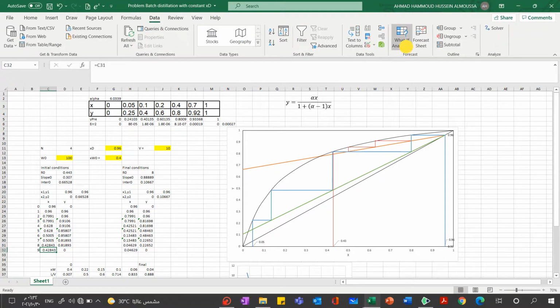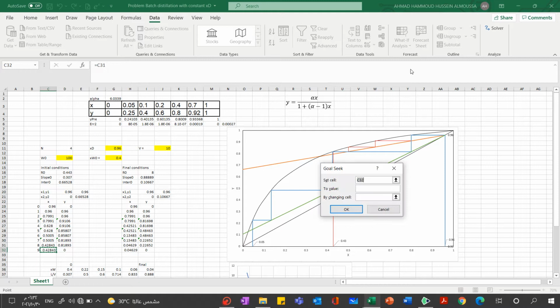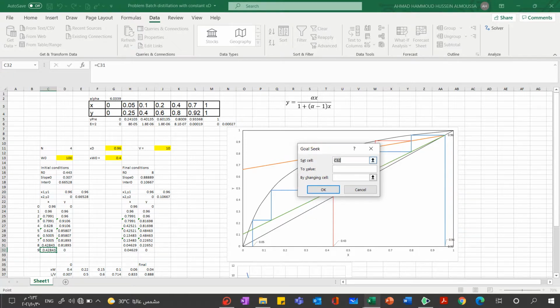It is easier than the solver, but it can't solve this because the solver needs some conditions to control the solving. Then choose the value you want to find.